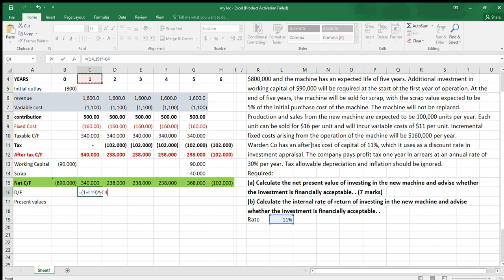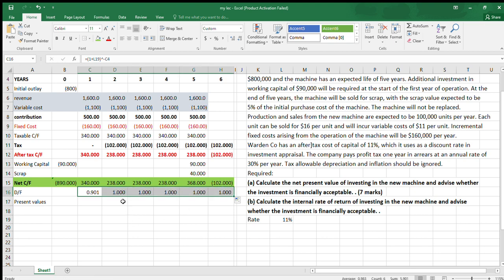For the exponent sign, press shift and 6 to give you that arrow. Then you press enter and it will give you the discount factor. But when you drag it, you see they are all 1, 1, 1, 1, 1, 1, which is very wrong because it repeated the formula but not in the correct way.